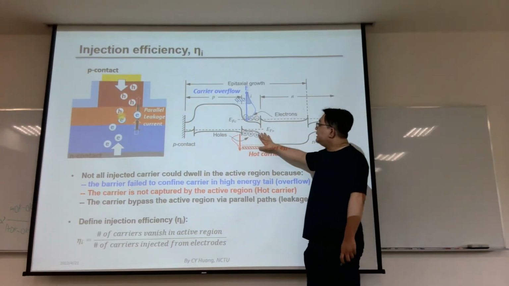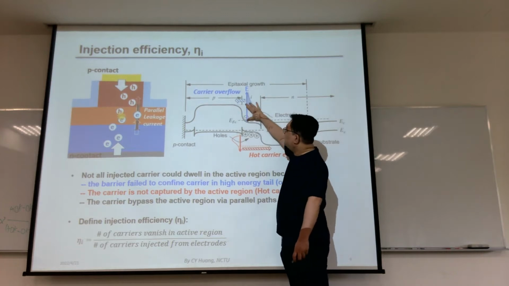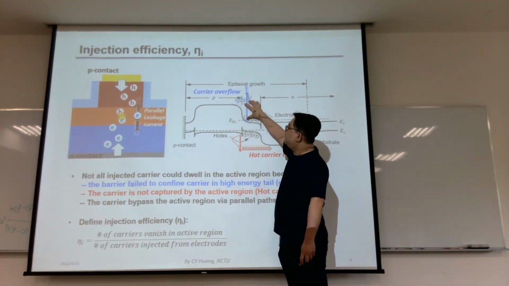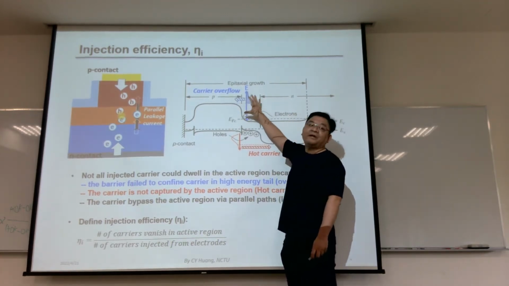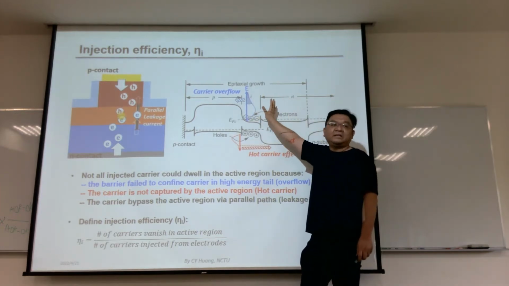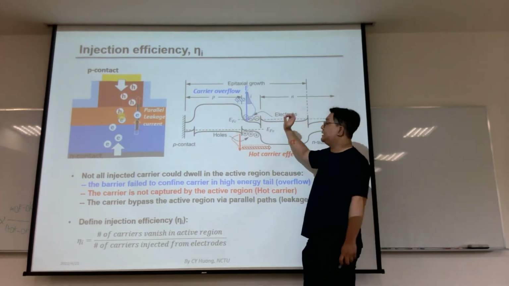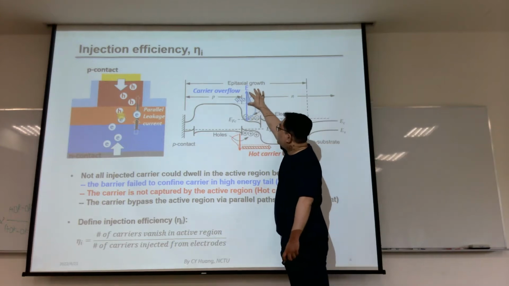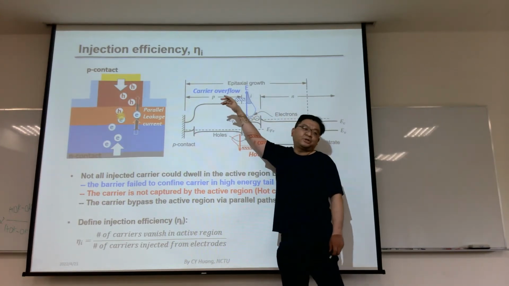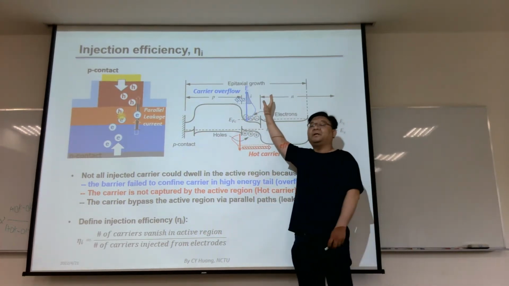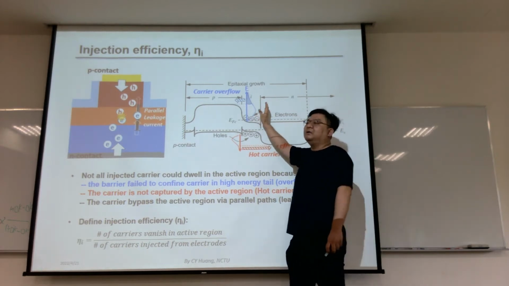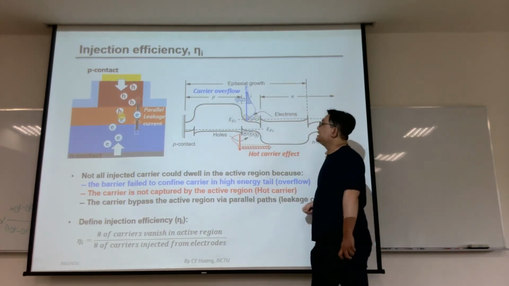On the other side, the P side, the energy barrier probably is not very high if you didn't take the design seriously. Then the tail might overflow the structure, and the carrier will be consumed by leaving the active region. So this is called carrier overflow.